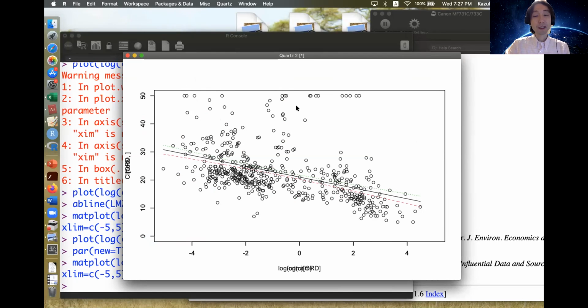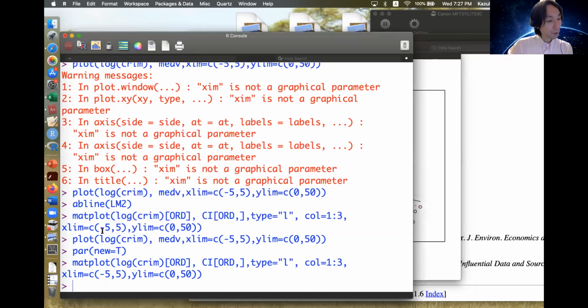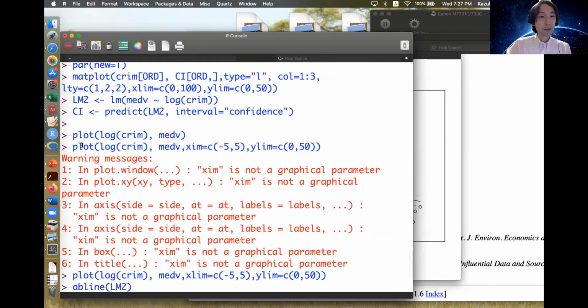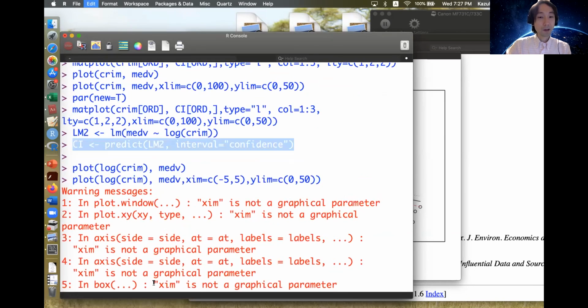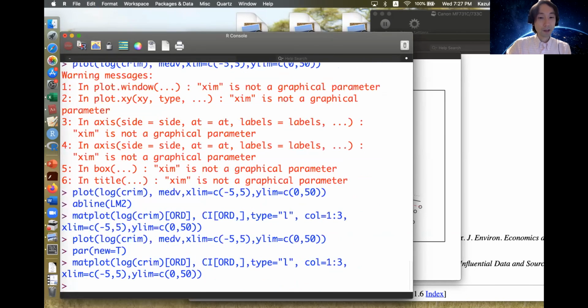So now we want to see where the observations are, so the expected area where 95% or 99% of observations exist. So that is called the prediction interval, and it can be done by very similar code by using this predict function with the predict option.